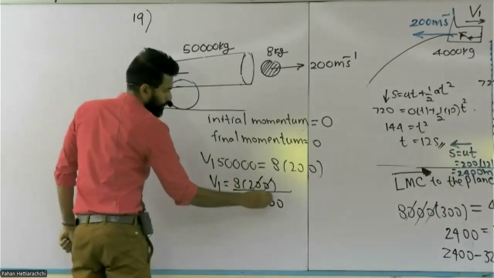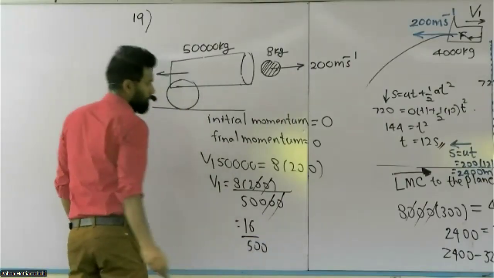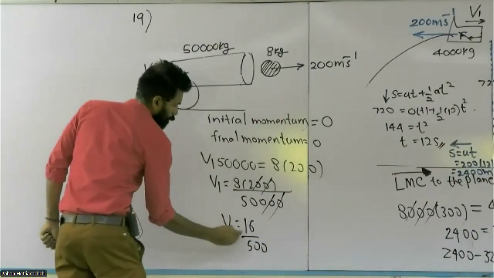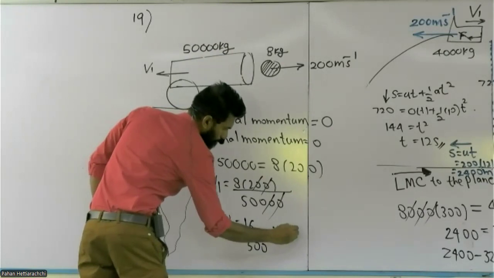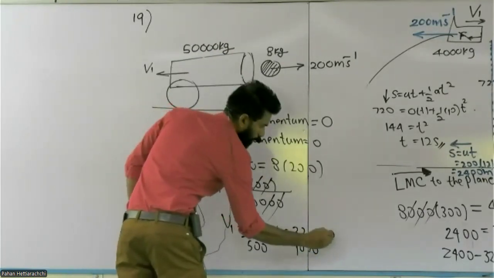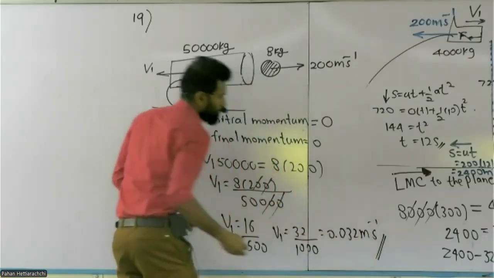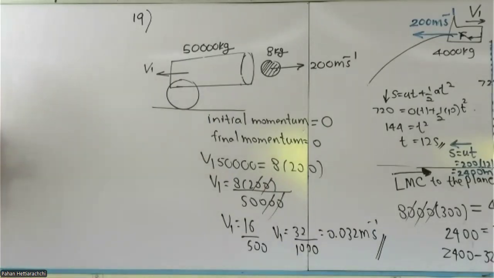That is 16 into 500 over 50,000, which is 32 over 1000. 0.032 meters per second.